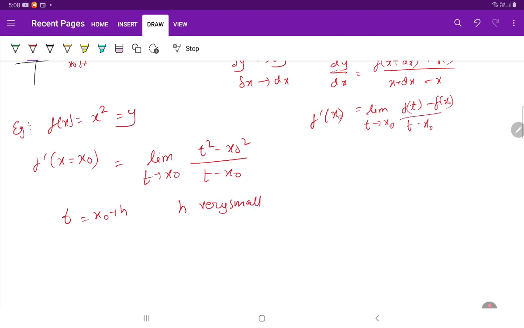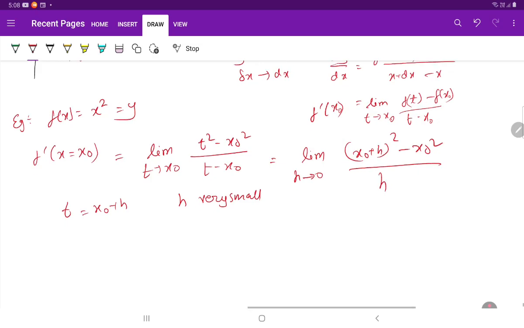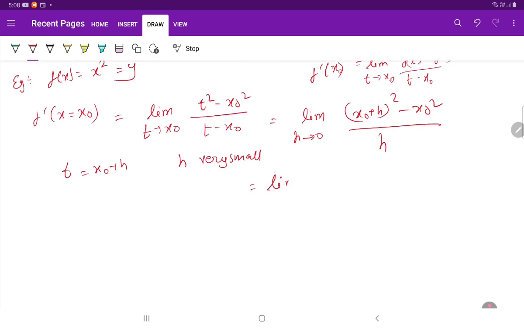So now we'll write limit t tends to x naught of t square as x naught plus h whole square, or else we can write this as limit h tends to 0 of x naught plus h whole square minus x naught square by h. Here the x naught square cancels, and using a square minus b square as a minus b into a plus b, you will get h into 2 x naught plus h by h.